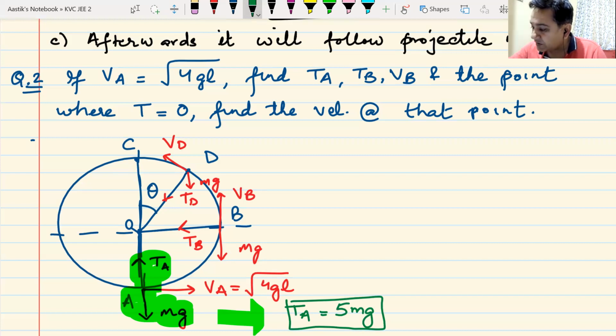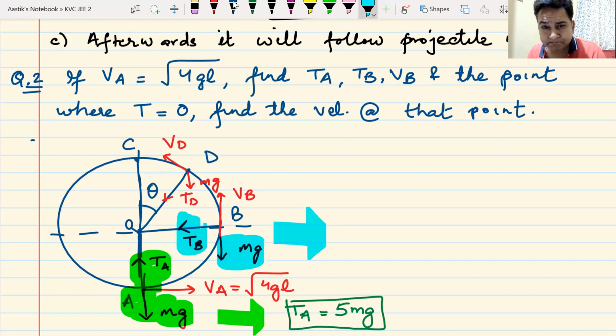Let us move on to the second equation. The second equation happens to be the blue one. Instead of writing the equation and using log, you can straight away use that minus 2 wala funda. You can get me the velocity at point B and the tension at point B. Tell me the values. What is the velocity at point B coming as?